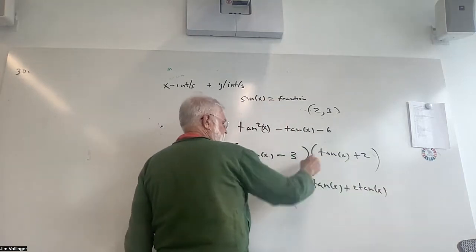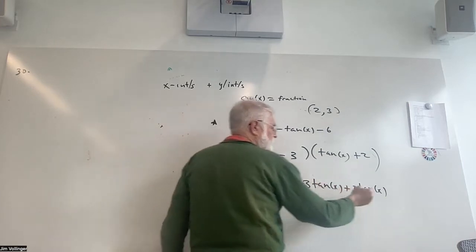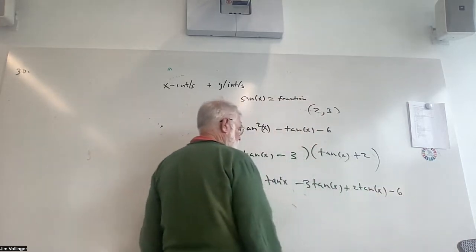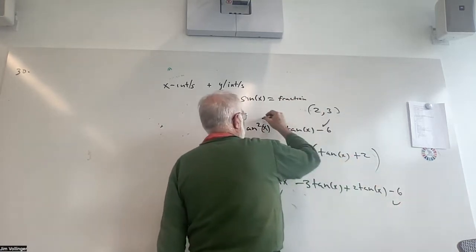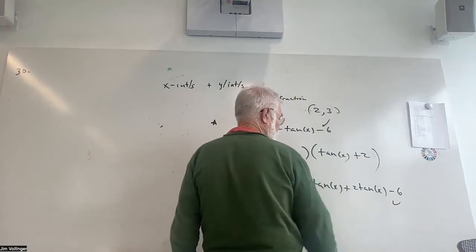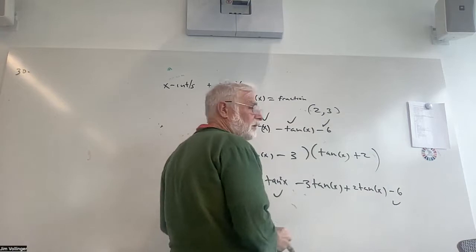Tan x times tan x is tan squared x. And 2 times -3 is -6. We can immediately see tan squared and -6, and -3 plus 2 gives -1. Hopefully you can see how that's done.